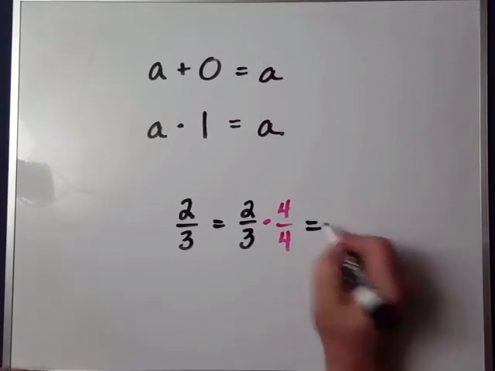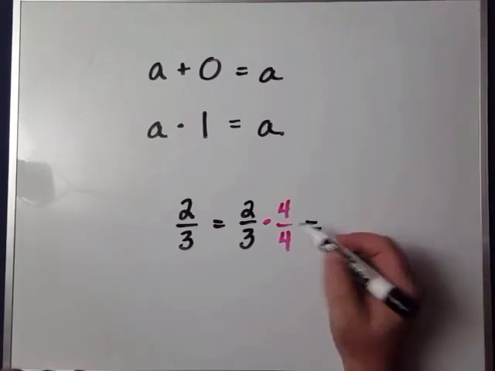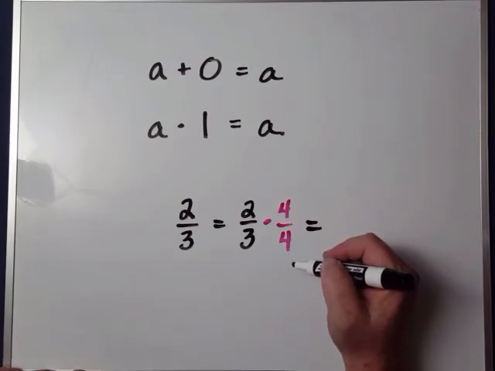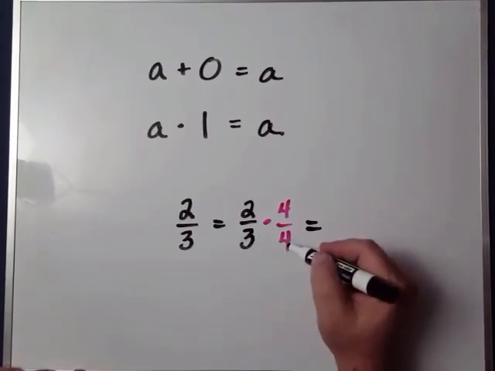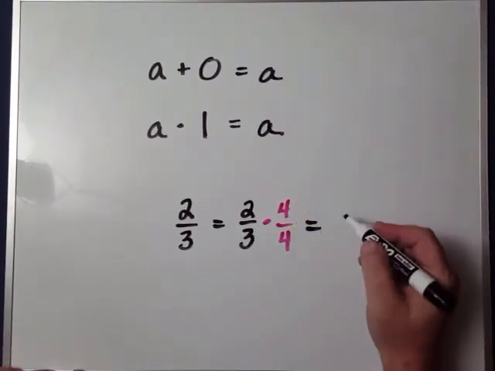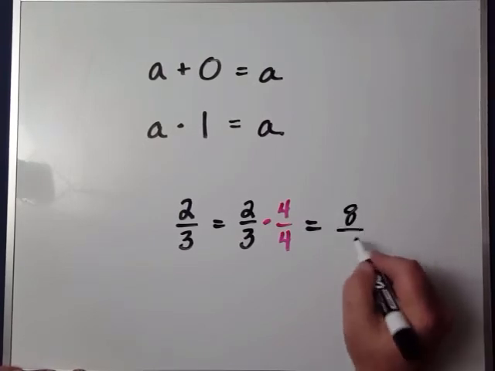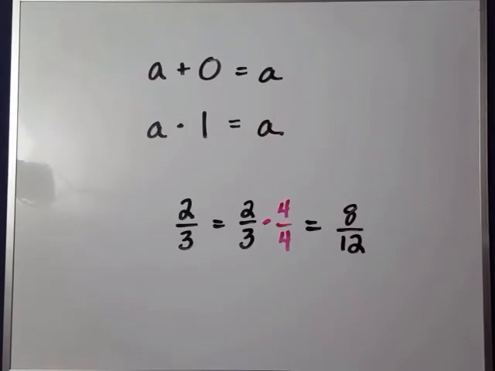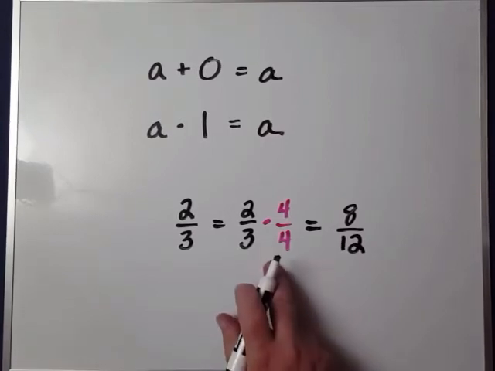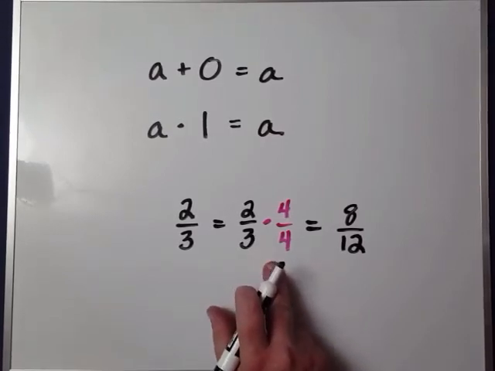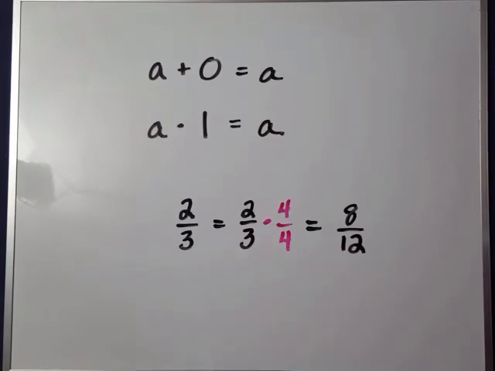And we have mentioned in class that this works because 4 over 4 is 1. Anything times 1 is itself. And so we're changing the way the fraction looks, but we're not changing its value. And so this is using that identity property of multiplication in order to change the denominator of a fraction without changing the fraction's value.